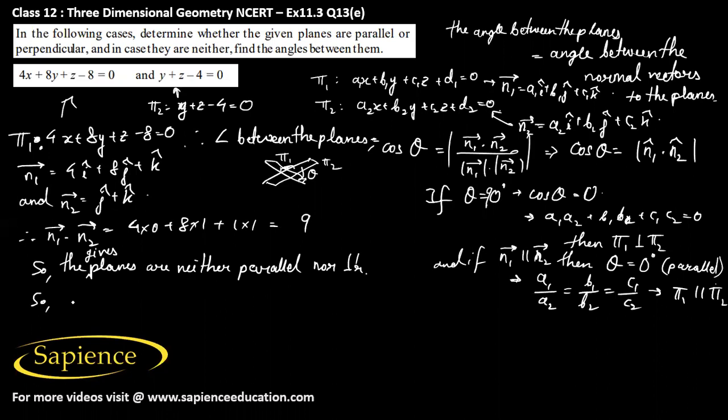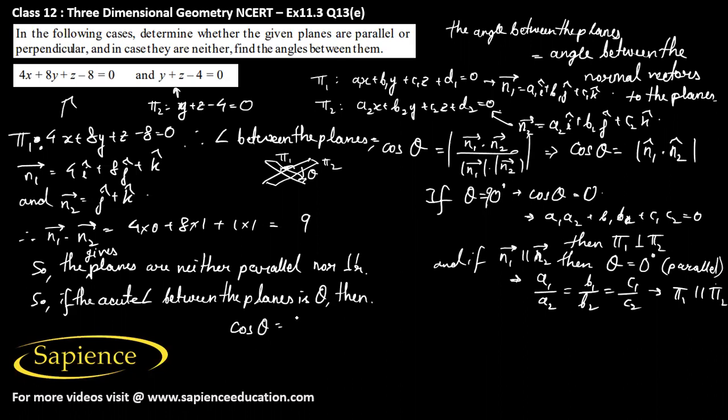So we can say that if the acute angle between the planes is theta, suppose, then we can say that cos theta will be equal to mod of n1 dot n2 divided by mod of n1 into mod of n2.